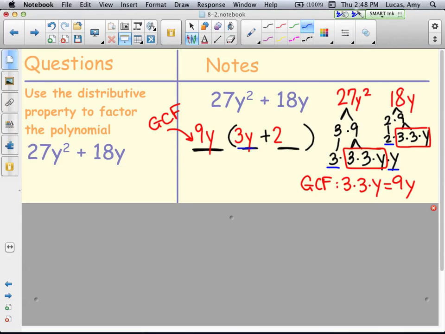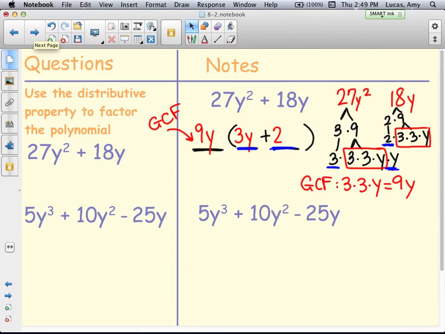So the first one, I've got a 3y from here, 3 and a y. Second one, I've only got a 2 left over, 2. So if you use the factor tree way to pull out the GCF, what's left in each factor tree is what goes in your parentheses. That's what's left. Okay, my next one, I'm going to show you by doing the factor trees.